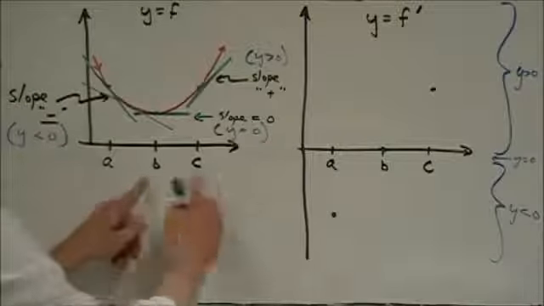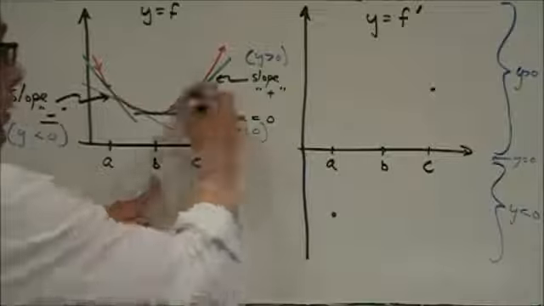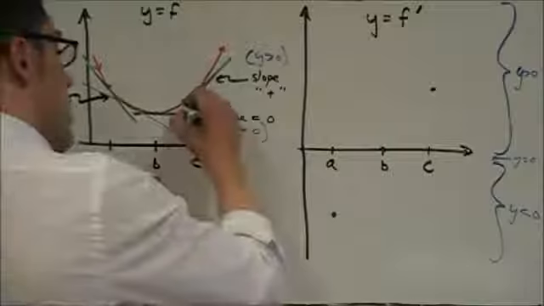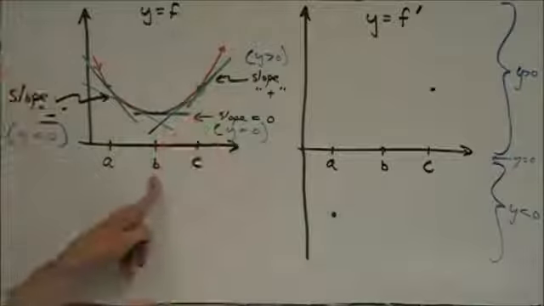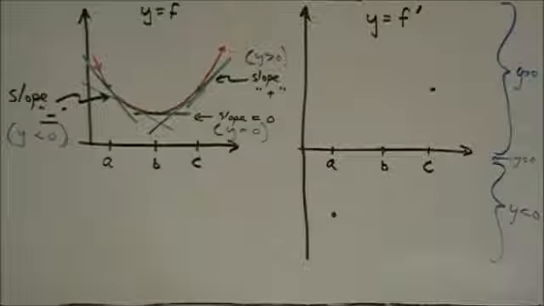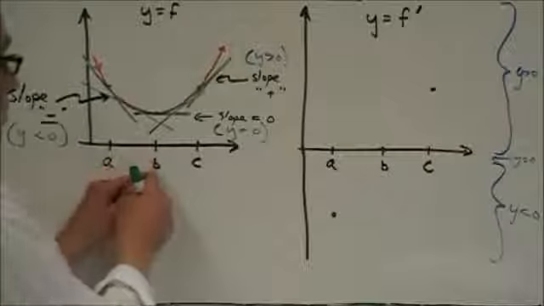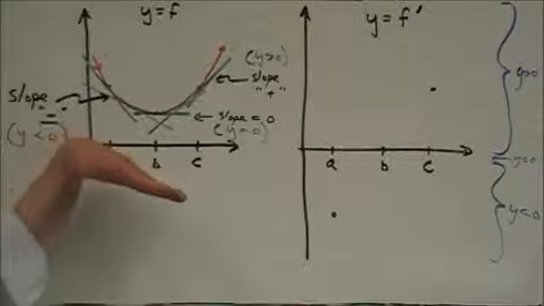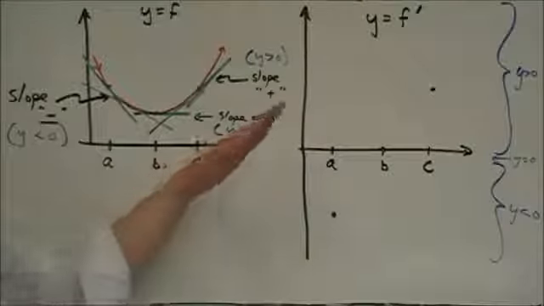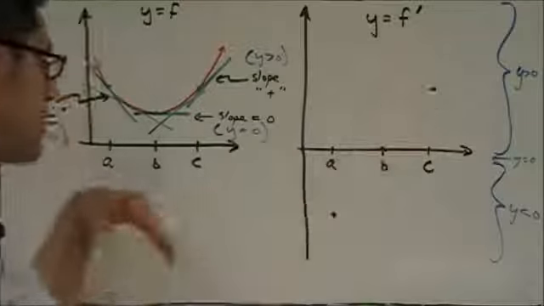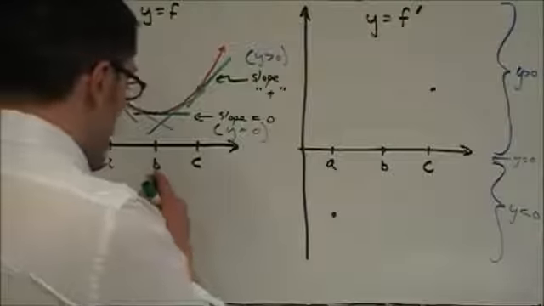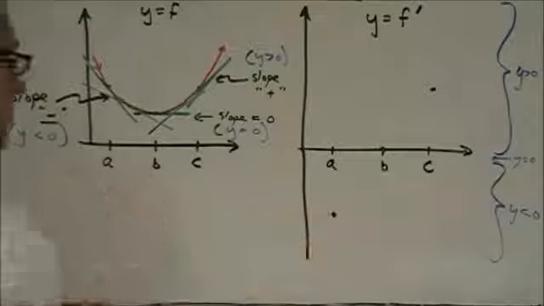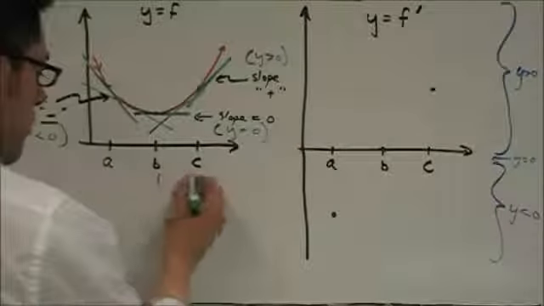And similarly, on the other side, if I draw more slope lines, if I draw another point maybe here and so on, my graph is looking a little busy now, but the point is that as I go from B out to C and beyond, the slope starts off at 0, and it goes positive, and it gets bigger and bigger and bigger. But the point is that the slope is always positive from B out to C. So I'll write that again here.